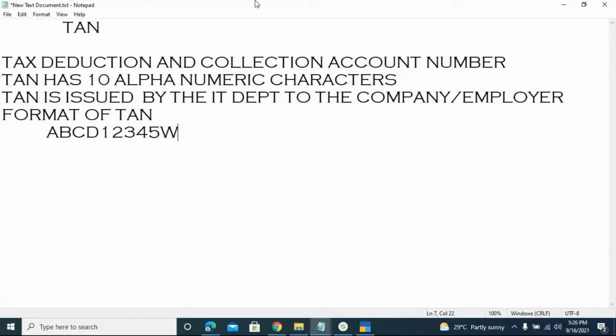Now, how does the PAN appear? Can anyone tell me? If you remember your PAN number, in the sense, if you are aware of it, otherwise it's fine. I will give you the format. How does your PAN number appear? Is it the same format or is there a change between TAN and PAN?